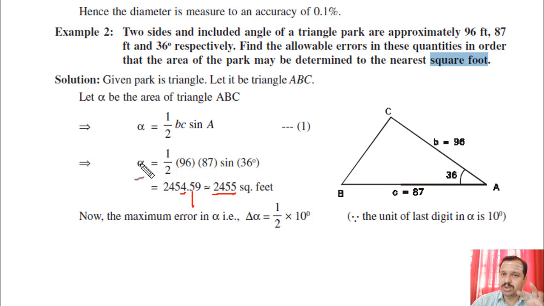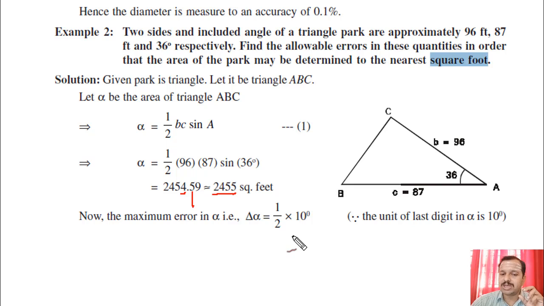Now if we do this, what is the error associated with this calculation? We have one important concept which we have studied very well in the section of valid significant figures. There we have explained that the maximum error in the evaluation of such number is always equal to 1 by 2 into unit of the last digit.